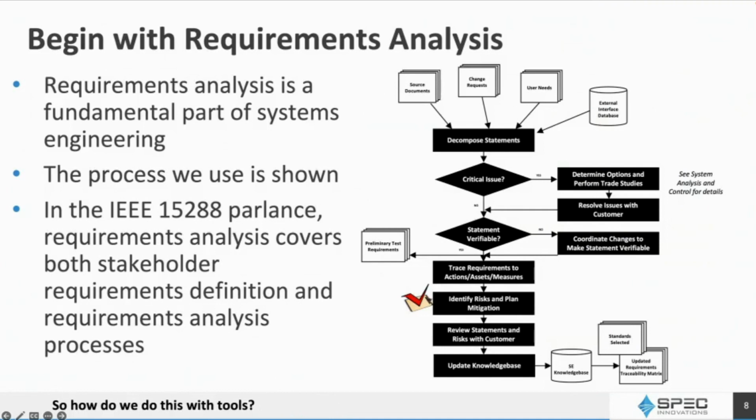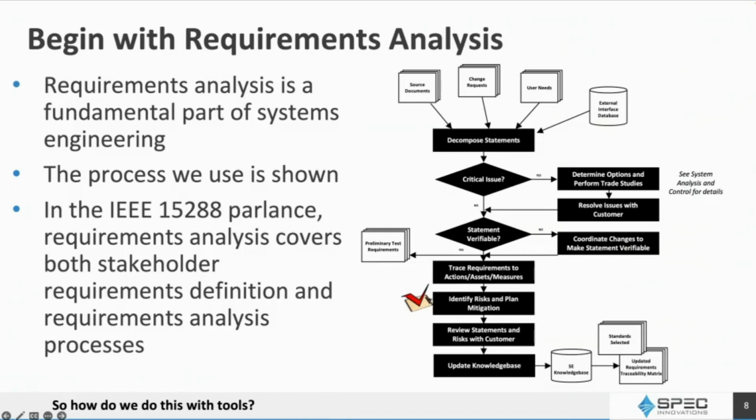Again, you start with that source document, where that requirement is, and it could be user needs or change requests. And maybe you also have data from other databases, some kind of interfaces with other systems and things like that. If you have that, that's great. That's useful. Then you're going to try to decompose what that statement was that they created.